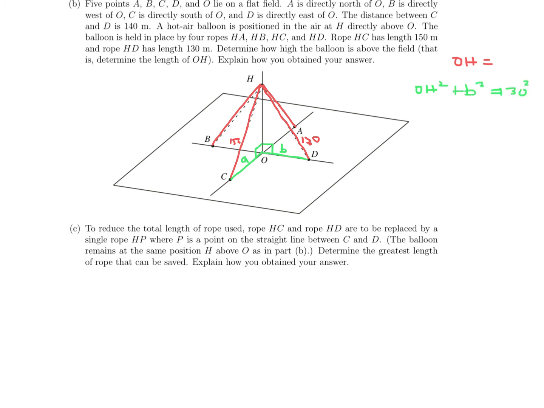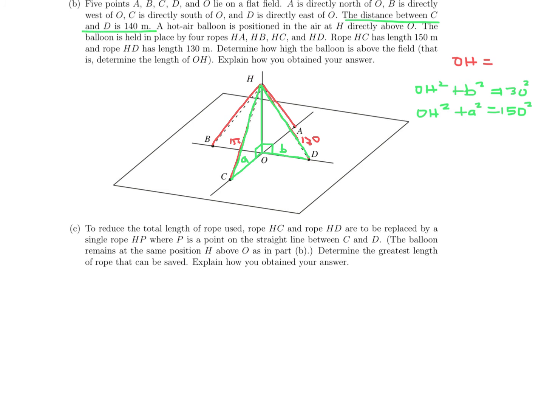That's this relationship right here. And this other relationship gives OH squared plus A squared is equal to 150 squared. That's pretty useful, but there are a lot of variables here that we don't know: OH, A, and B. But the good news is I think they gave us one more hint.